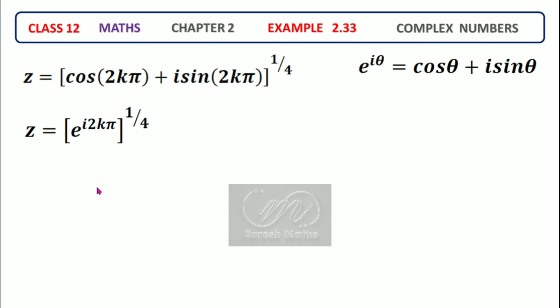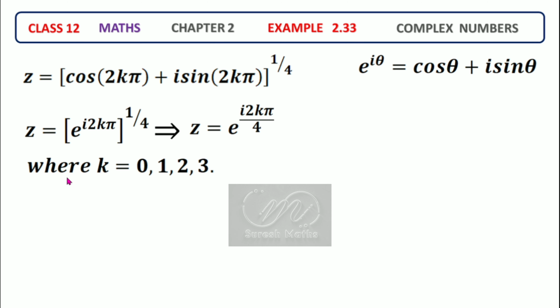This implies z equals e power i into 2k pi divided by 4, where k is equal to 0, 1, 2, 3. Here 1 by 4 means that z has 4 values. How do we obtain 4 values? When we substitute 0, 1, 2, 3 for k, we obtain the 4 roots of the equation.